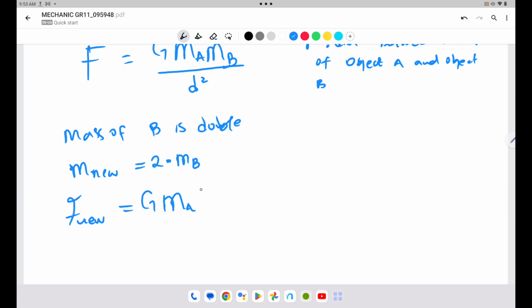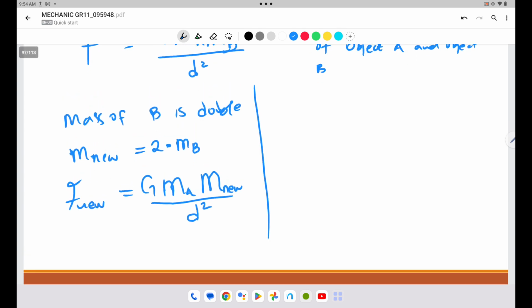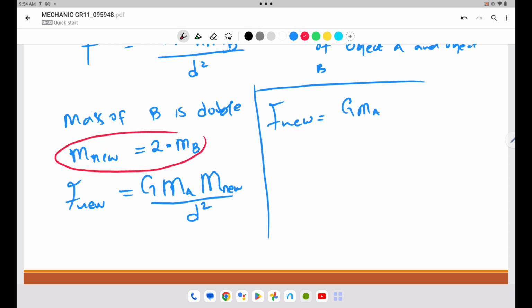Now we have a new mass of B, M new, divided by d squared, because they didn't mention anything else changing, which means the distance between them remains the same. So F new equals G M A, and I'm going to make the replacement. We said M new was twice the old mass of B, so we have 2 M B divided by d squared.